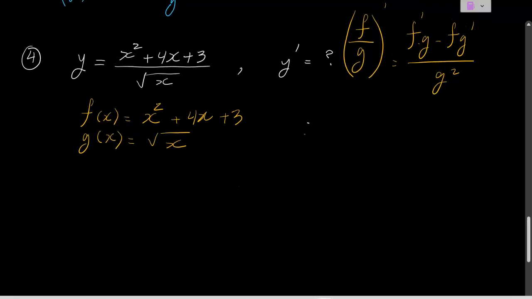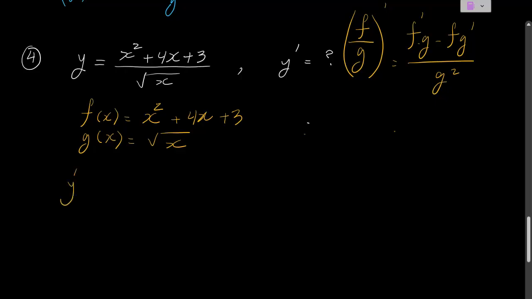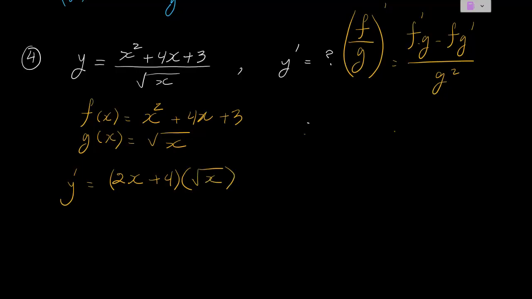So first we need to get the derivative of the top. Derivative of the top is 2x plus 4, and then whatever we get, we have to multiply it with the denominator. All right, and then negative, we rewrite the top, which is x squared plus 4x plus 3, but we take the derivative of the bottom.